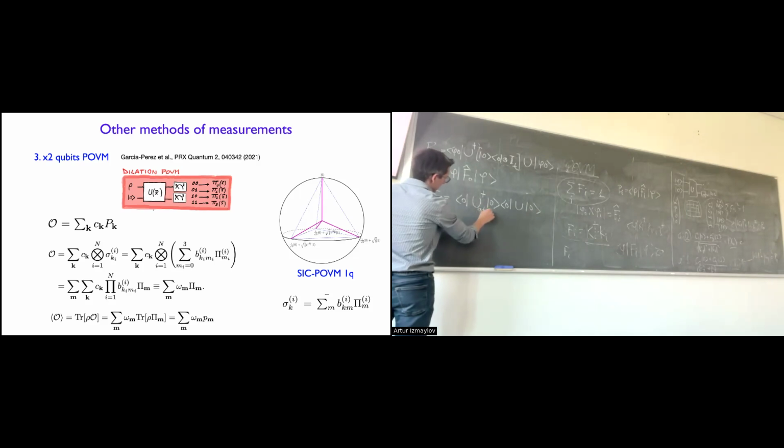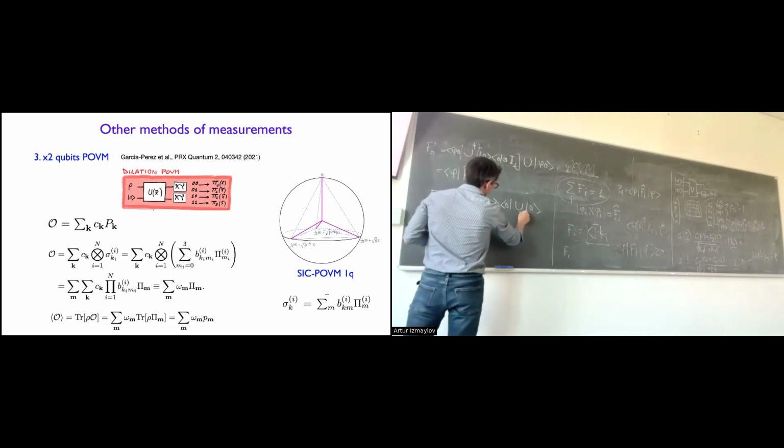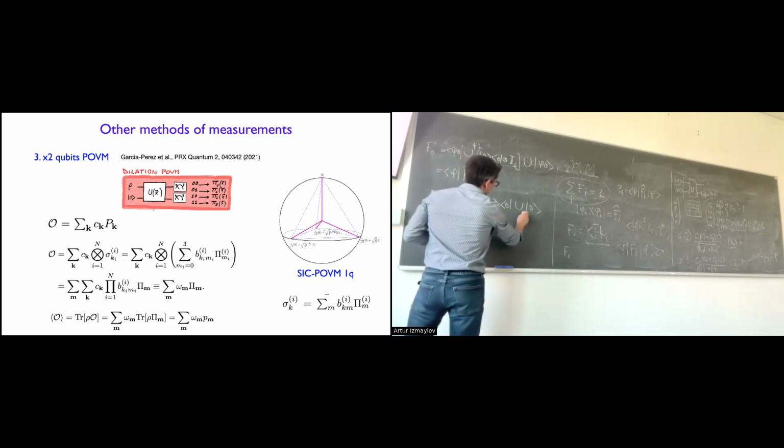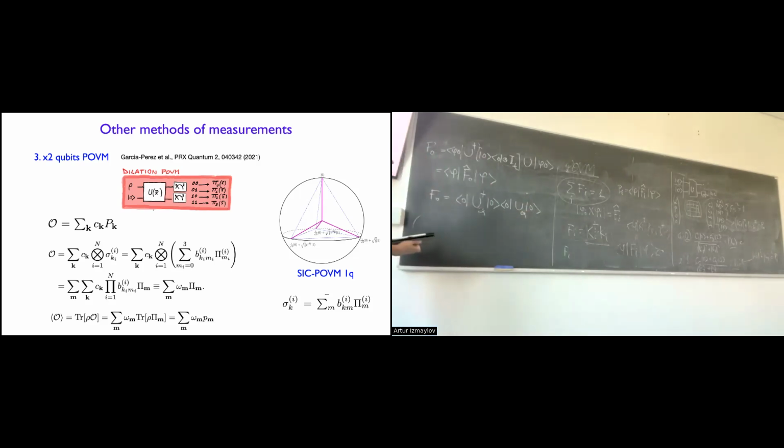So on ancilla and target, it's a 2-qubit space, right? And so clearly it's the operator where this is a single qubit, let's say K0 dagger.